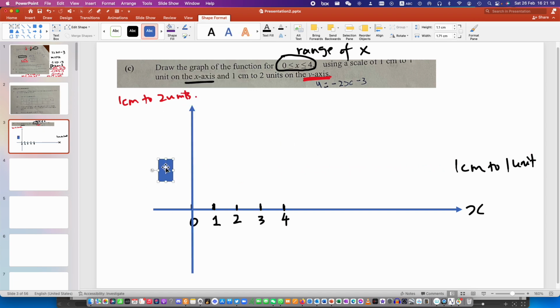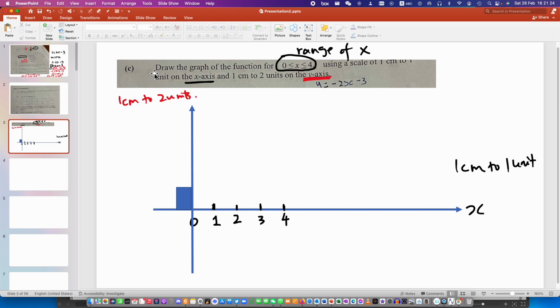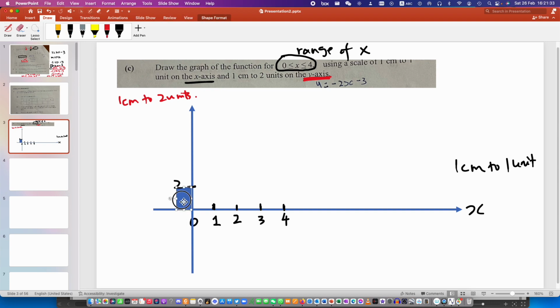So this is 1 cm, right? 1 cm, how many units? 2. So for 1 cm, instead of 1, you put 2. Then another 1 cm, instead of 3, you put what? 4. Yes. Continue. 4 then 6. Very good.